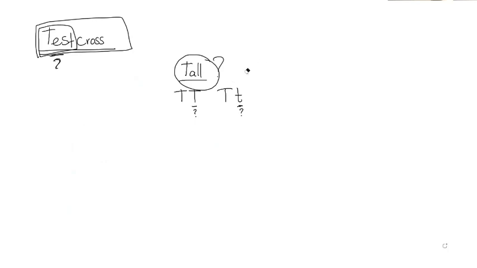So we have two options. The genotype can be either capital T capital T, or capital T small t. Now we are going to find it by crossing that plant with a double recessive plant for that condition.